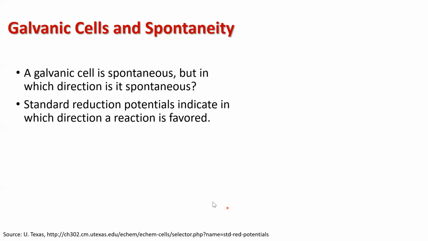So what we use are standard reduction potential values to help us decide which way the reaction is favored. Is it favored in the forward direction, or towards the right? Or is it favored in the reverse direction, towards the left?